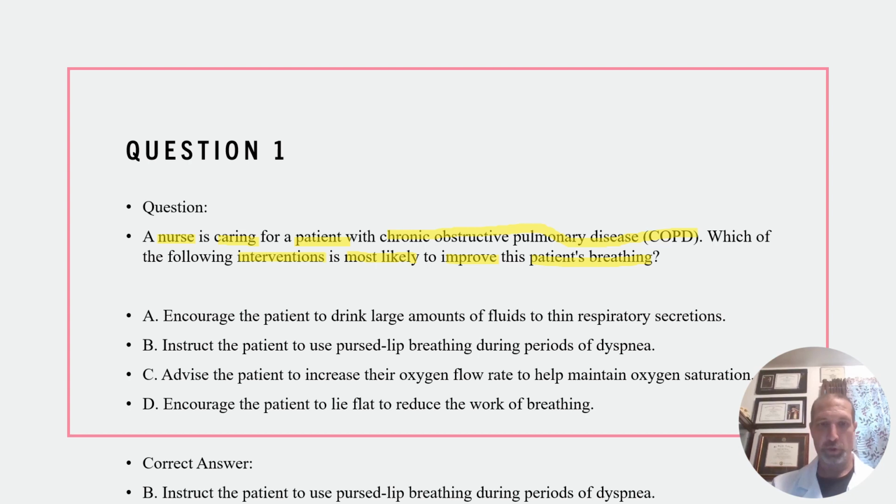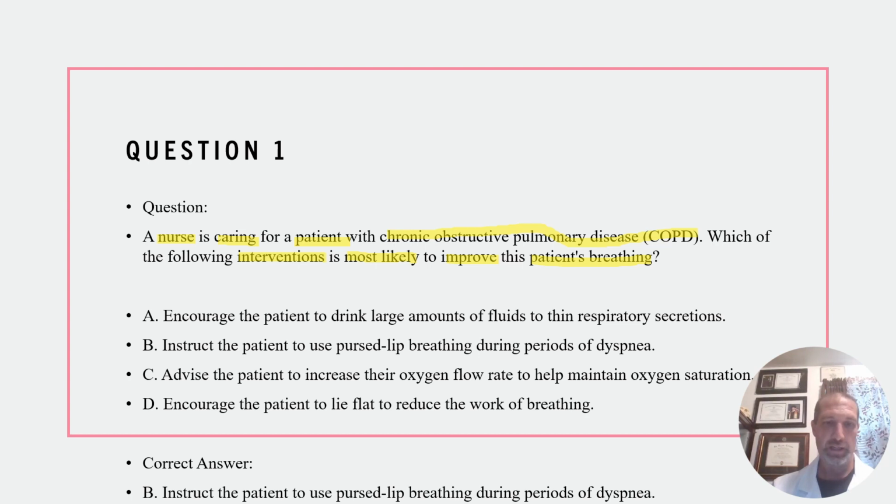So the first step, go through, read the questions. Second step, go through, pick out the keywords. Now the next step is we're going to come down here and start looking at our answer choices. Just read them all just to get an idea of what's there. A is to encourage the patient to drink large amounts of fluid to thin respiratory secretions.